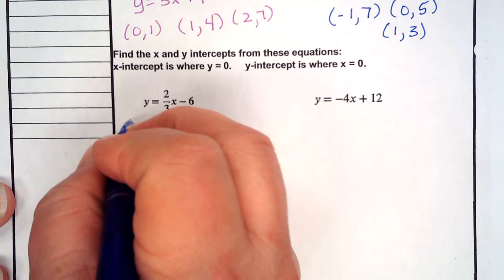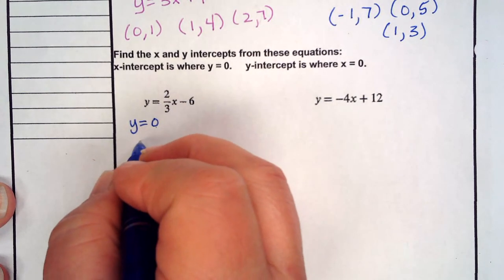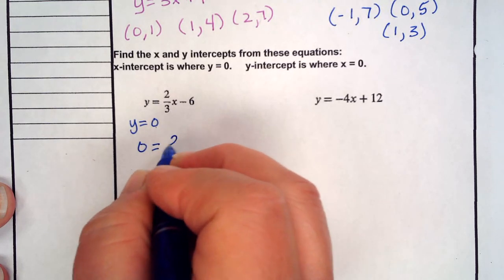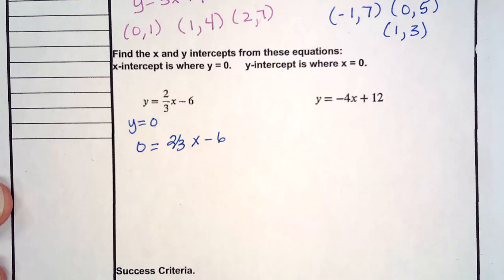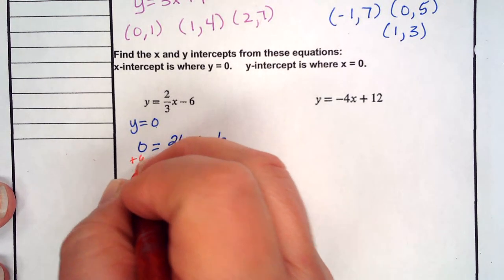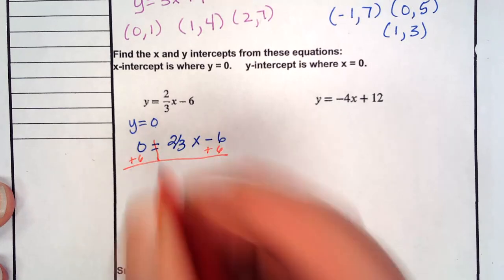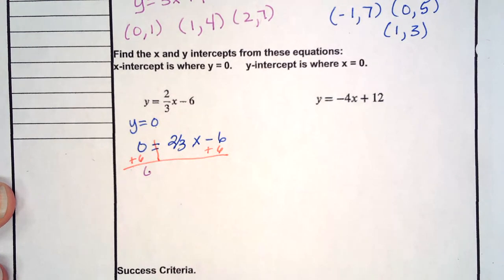So when y is equal to 0, I'm going to substitute it in. 0 is equal to 2/3 x minus 6. Add 6 to both sides. 6 is equal to 2/3 x.